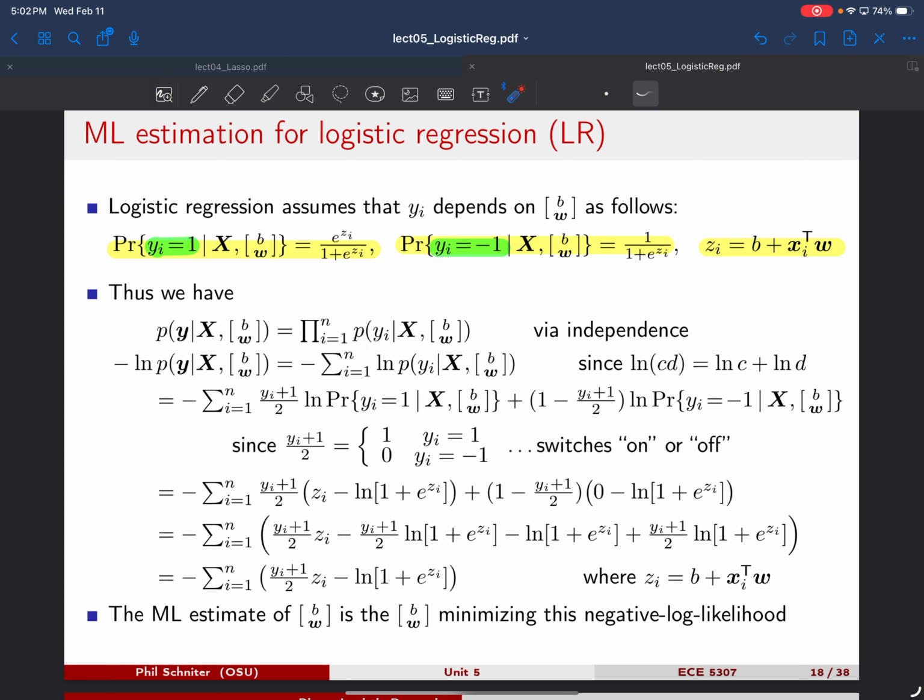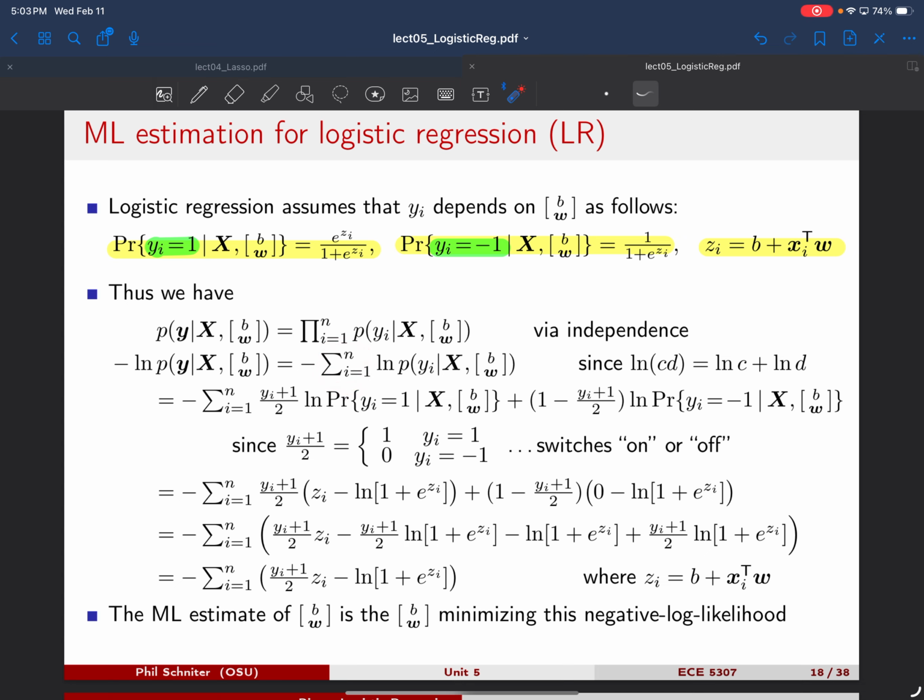That means the negative log of the joint gives us the negative sum of the logs of these marginals because of this log identity: log of the quantity CD is log of C plus log of D. So this turns the product into a sum of logs.